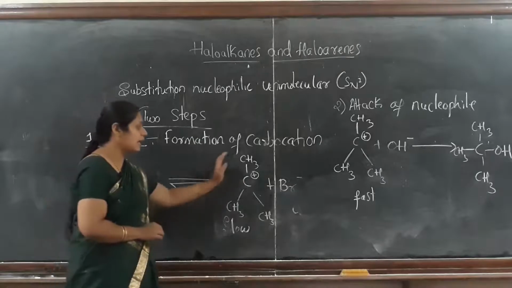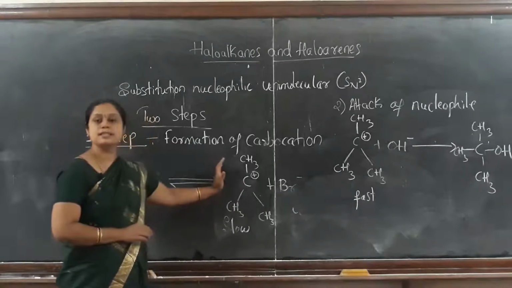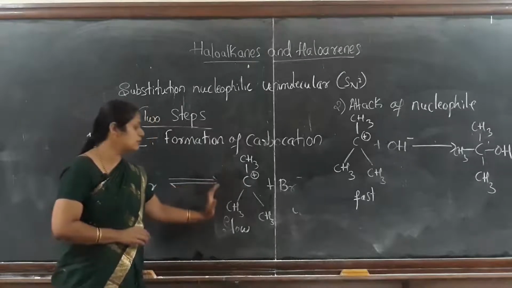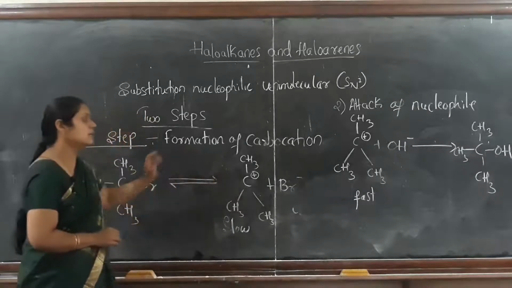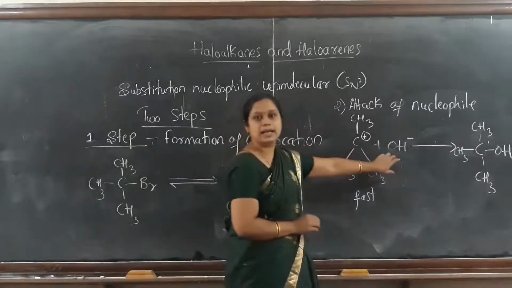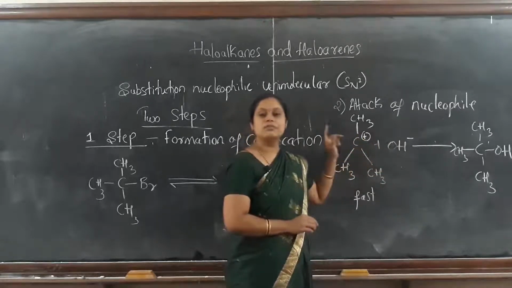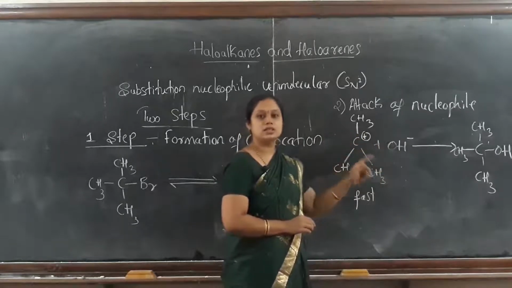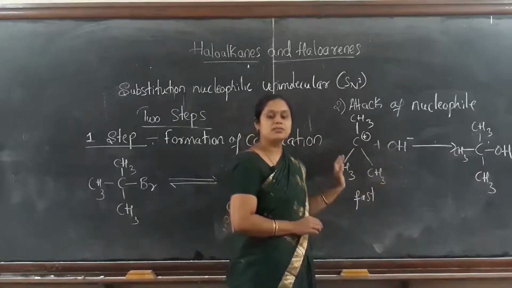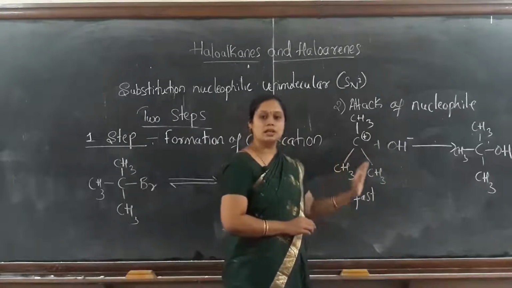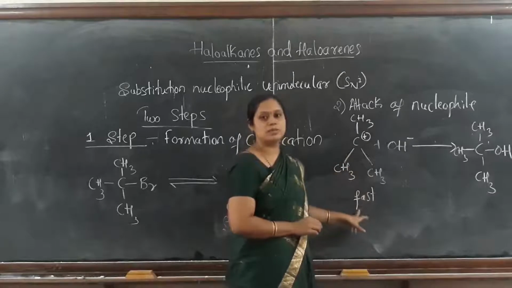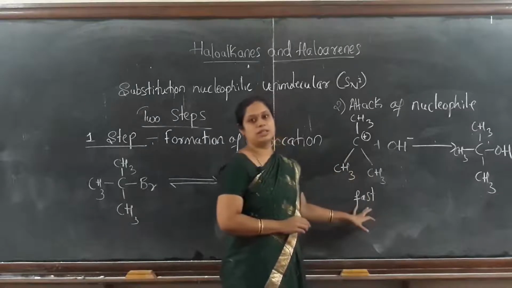The carbocation formed is planar, so a nucleophile can attack from both sides, hence it is 50% retention of configuration and 50% inversion of configuration, hence it forms a racemic mixture.